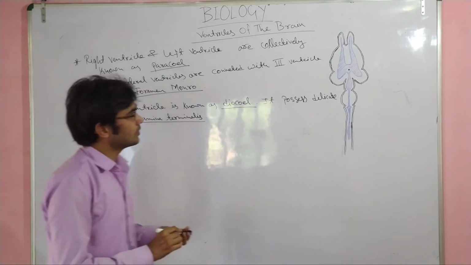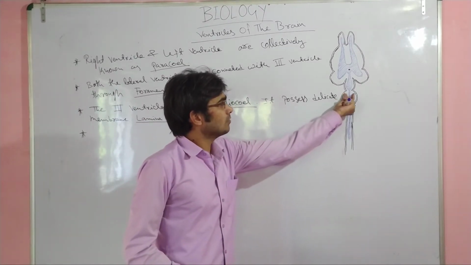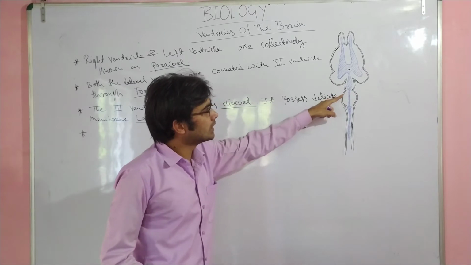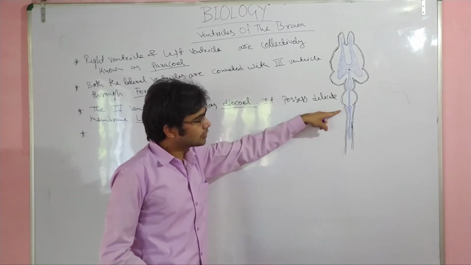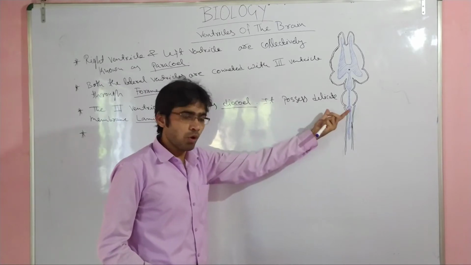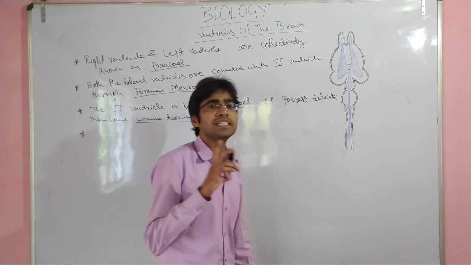The third ventricle has a very narrow canal, which connects the third ventricle to the fourth ventricle, which is present in the medulla oblongata region. And this fourth ventricle is known as metacele.